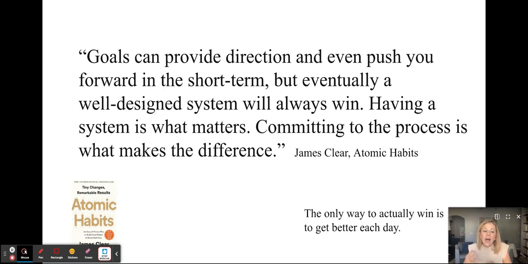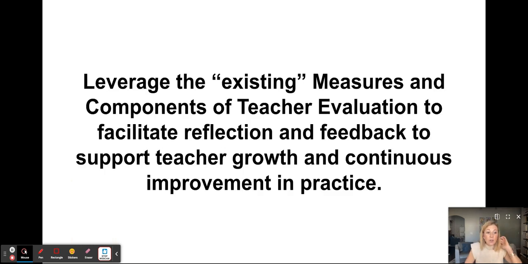And so I truly do think that evaluation is a compliance thing, but it requires commitment and systems to support it. And so ultimately, I've said this over and over and over in this overview. So hopefully you're walking away with this clear message, which is, okay, we are required to do these components.